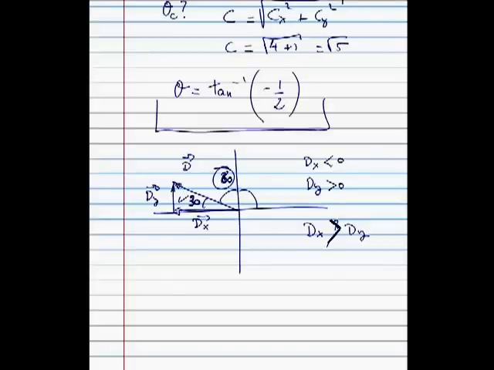So you have to be careful whenever you have a vector which is not in the first quadrant. Always check and figure out first in which quadrant the vector is, then which component is the largest, so you can figure out where the angle is measured from. Is it measured from the negative x going counterclockwise? Is it measured from the positive y going counterclockwise?